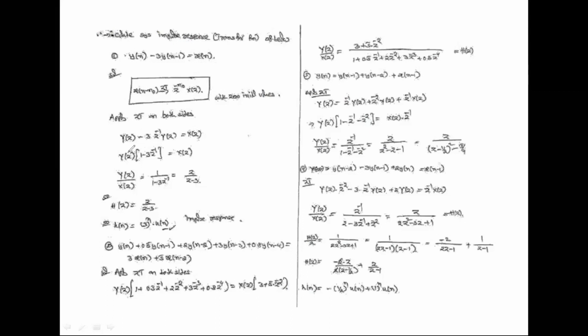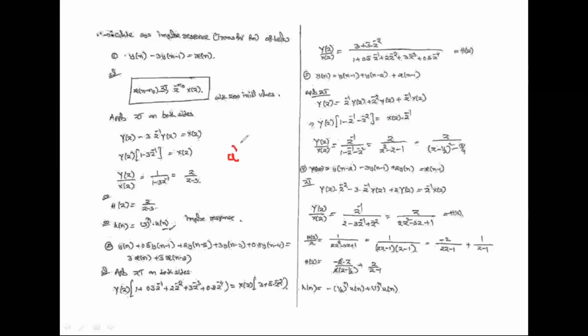Take the y of z as common here. Y of z into 1 minus 3 z inverse equals x of z. So y of z by x of z is equal to 1 by 1 minus 3 z inverse, or you can also write it as z by z minus 3. According to that, it is z by z minus a.